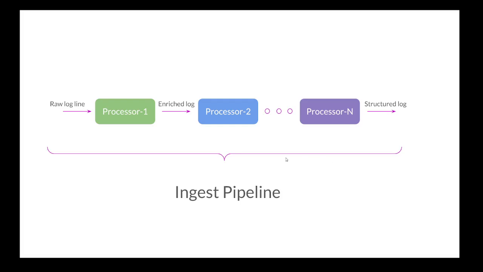That's how it looks. For example, you have a raw log line, and a processor does some processing, enriches this information, and forwards it to the next processor, which does some processing and forwards it to the next, and so on and so forth until you have the structured data. That's how the pipeline works.